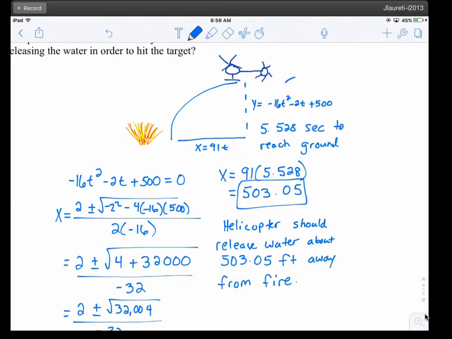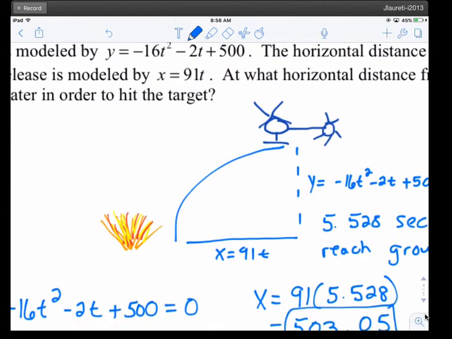Well, you should really draw something out. That's helpful, right? So you're trying to first figure out how long it takes for the water to go from here to here.